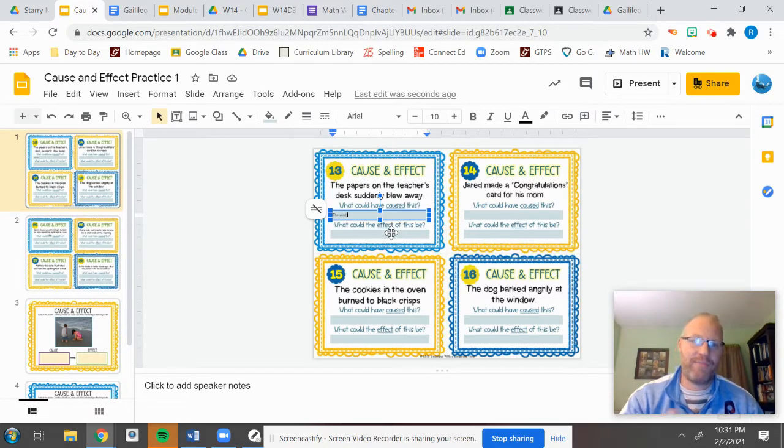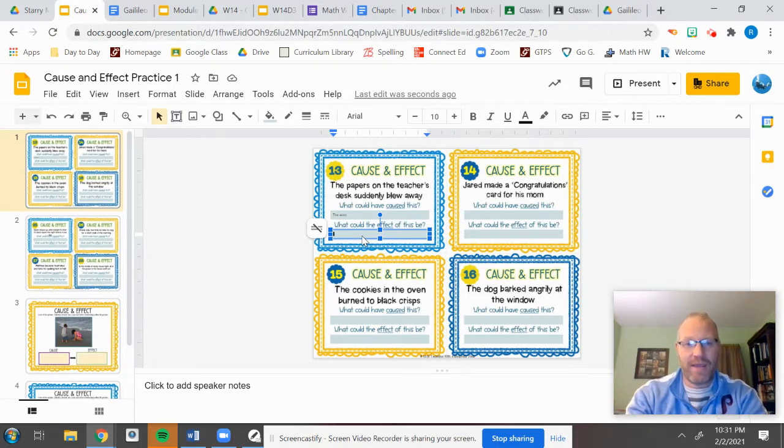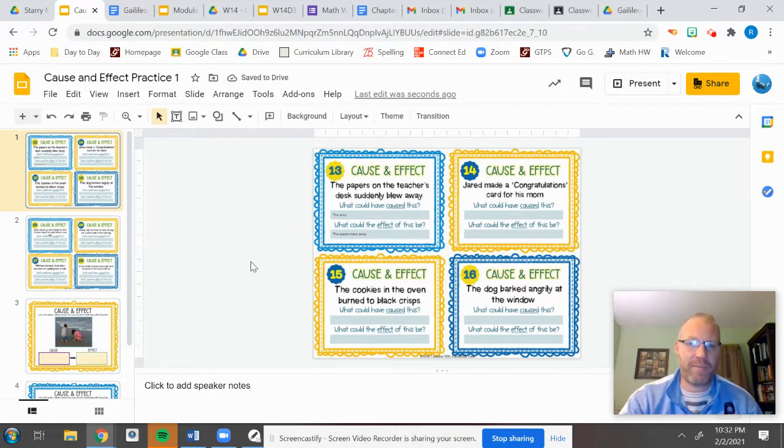Now, where the wind came from, who knows? So, what caused it? The wind. Now, what would be the effect? The effect is that the papers are on the floor, or the papers blew, or the papers fell. So the effect would be, in this case, the papers blew away. So the papers got disorganized, the papers fell, the papers blew. So that's how cause and effect is listed.